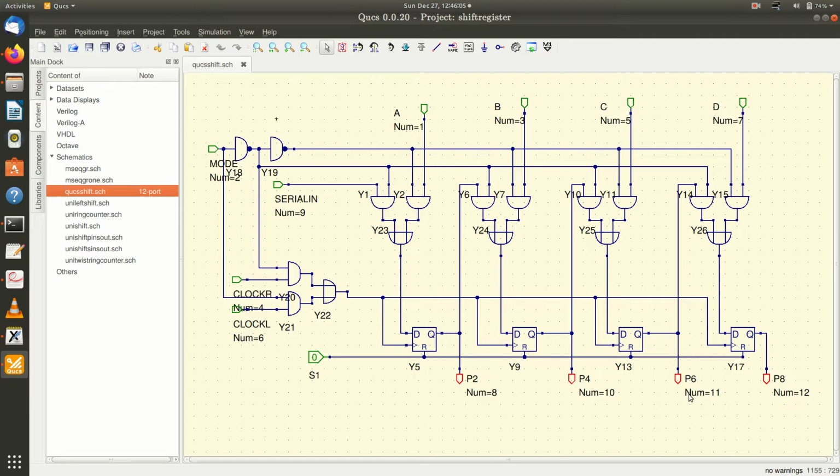Now you can have left shifting operation. How do I do that? I have to make an external connection. My left clock is enabled because mode is 1.